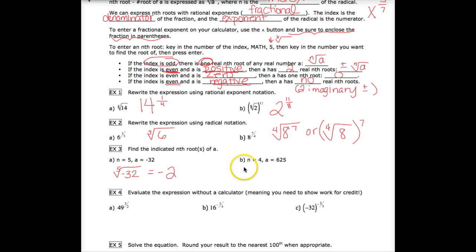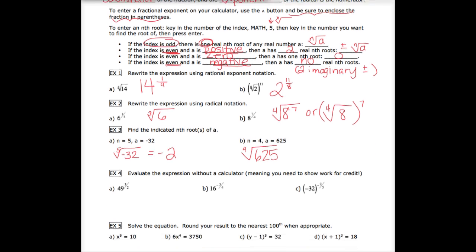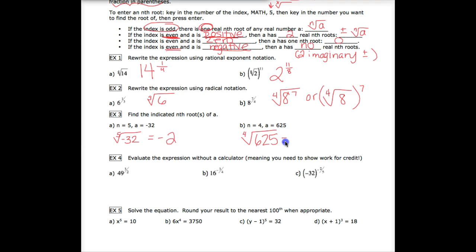On B, if n is 4, that means it's asking for the fourth root of 625. So go ahead, pause it for a second, come up with your answer, and then come back to check. All right, fourth root of 625, if you just punched it in your calculator, is 5. But remember, even index, you need the plus or minus. So plus or minus 5 should be your answer there.